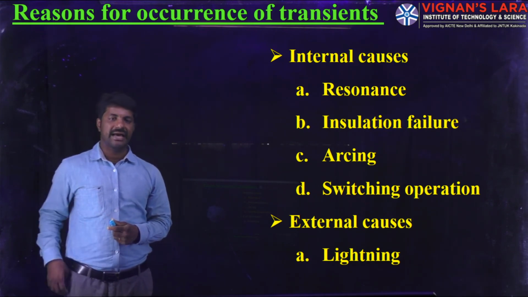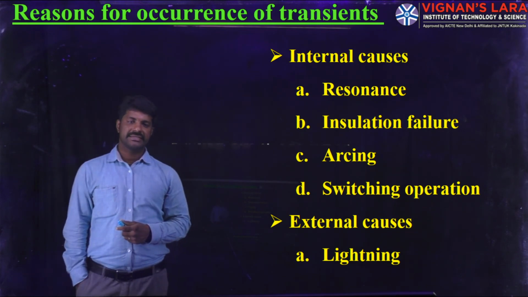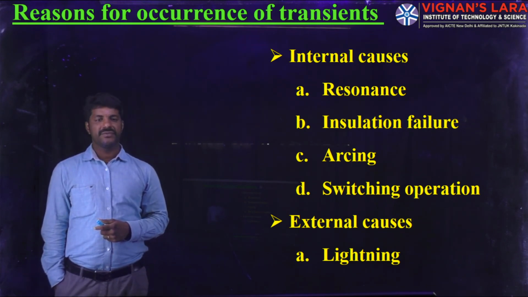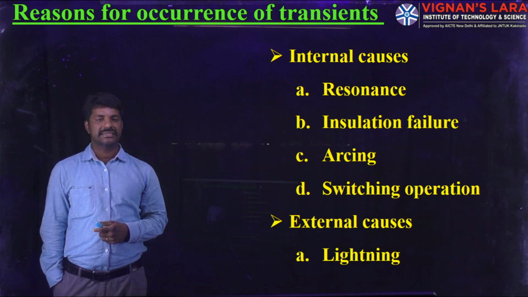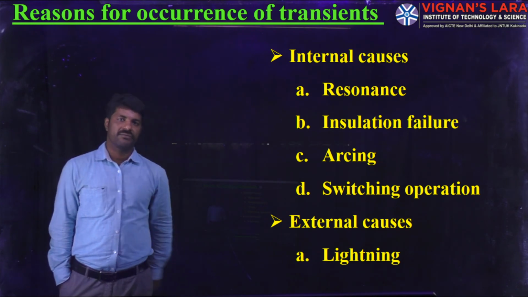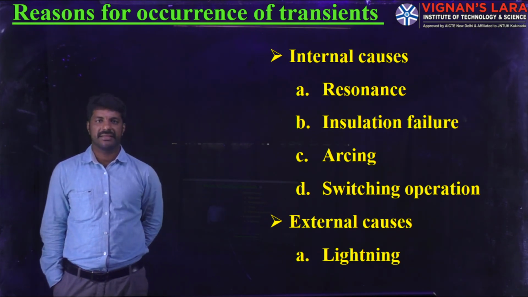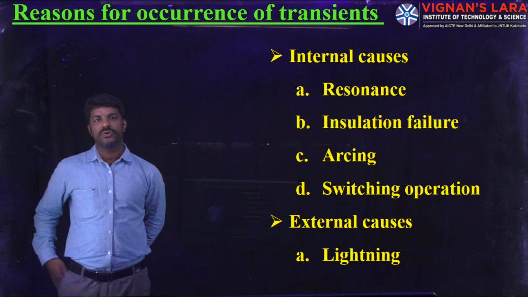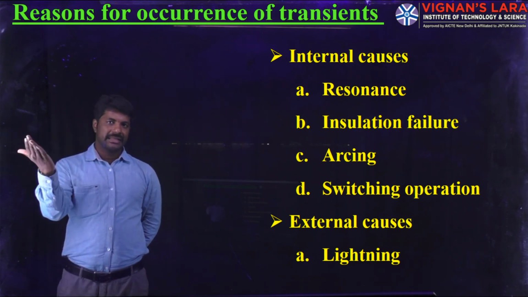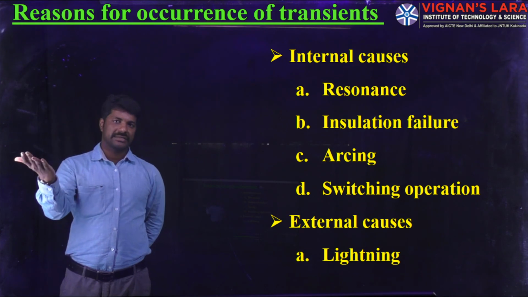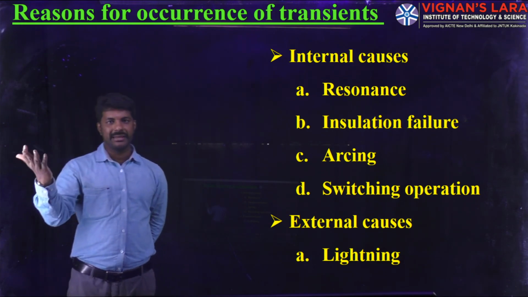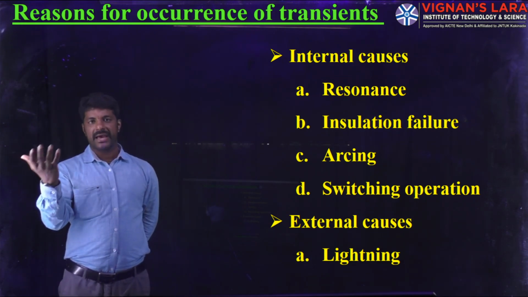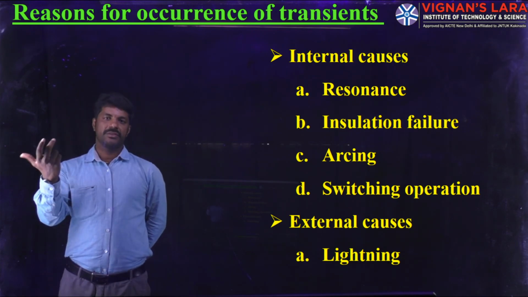And next, arcing. The third reason is arcing. The meaning of arcing is whenever the lines are subjected to turn on or turn off, means connecting or disconnecting, then if we are connecting, the poles have to come into contact. Whenever they make contact, there will be the appearance of a spark between the poles.